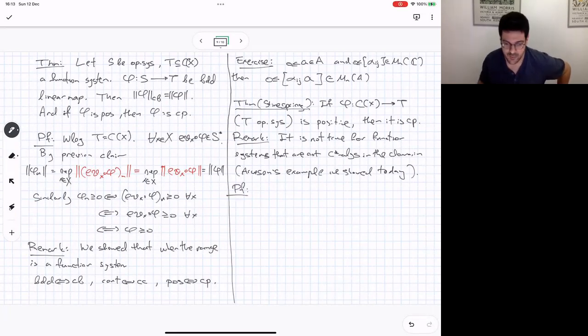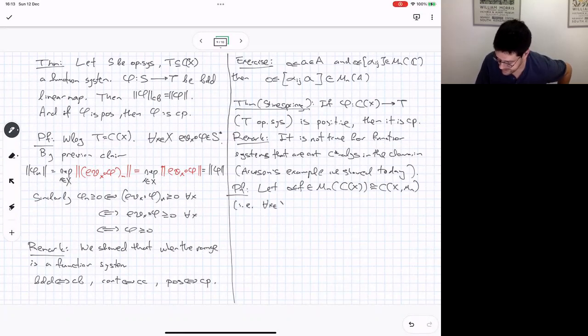I will remind it when we get there. Let f be positive in Mn of C of x, which is the same thing as C of x Mn, i.e. for every x in x, f of x is a positive matrix. We need to show that phi n of f is positive.